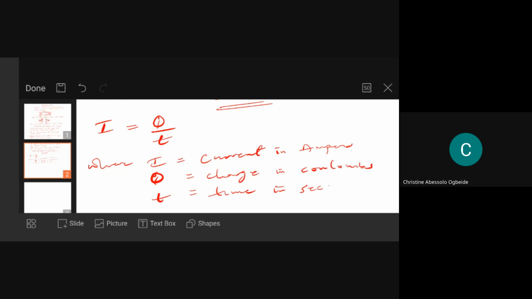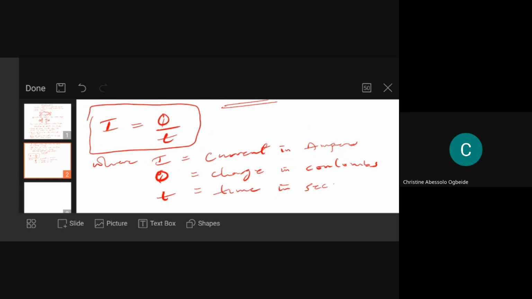And clearly from the first equation, which I want you to take note of, because all I'm trying to do here is to build up equations that will be used in solving problems involving electric field. So this is the first equation here. Then from this first equation, if I cross multiply, you will see that Q is equal to I times t.